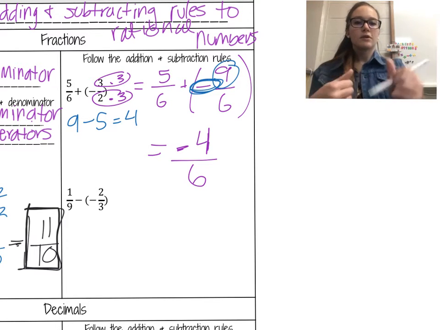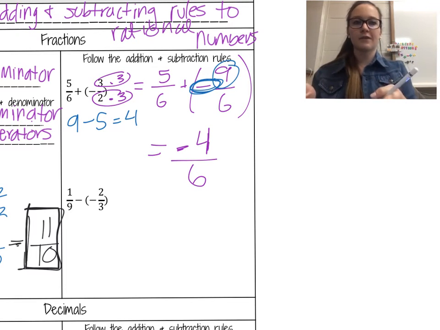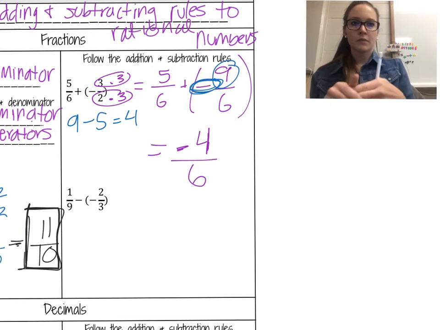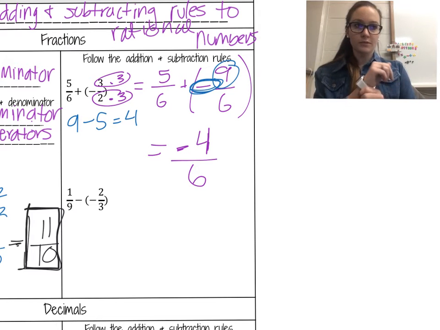So I made them have a common denominator, 5 sixths plus negative 9 sixths. Okay? Dealing with the numerators, they're different signs, a positive 5 and a negative 9. Okay? The 9 is bigger, so I do 9 minus 5 is 4. And like I said, 9 is bigger, but he's also negative, so it's going to be a negative 4.